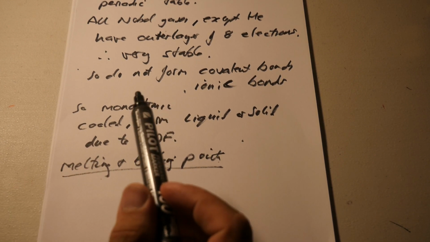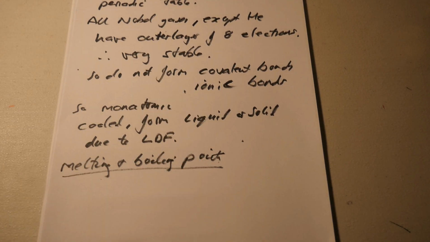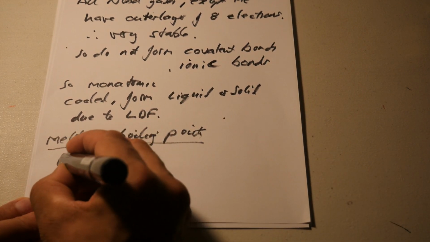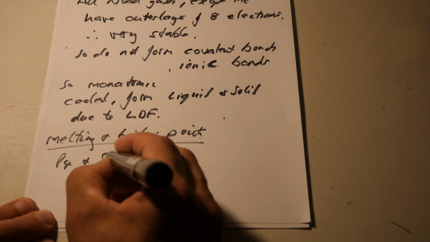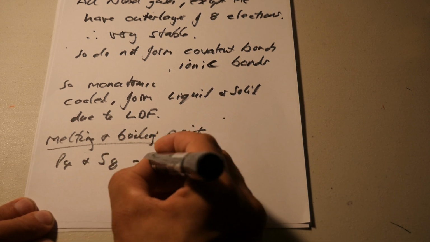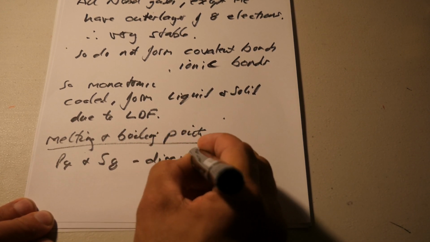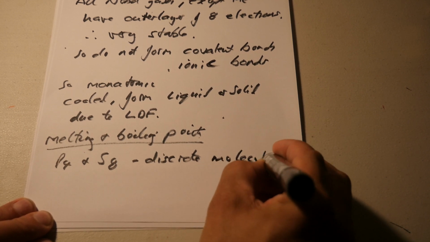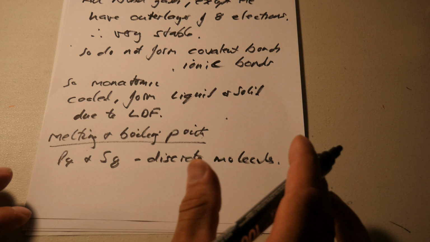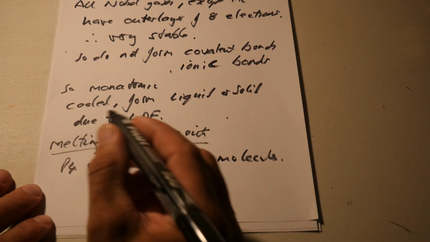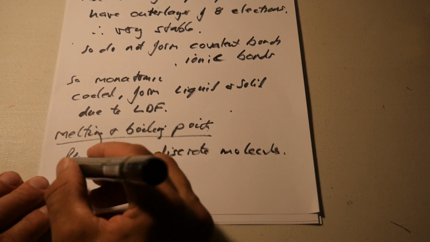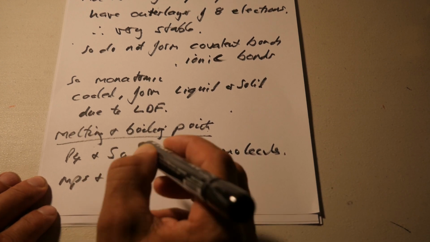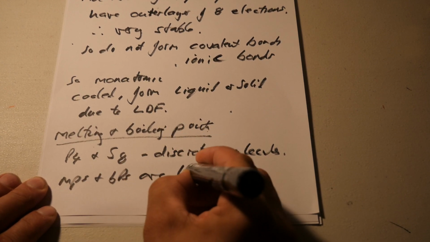Phosphorus 4 and sulfur 8 are discrete molecules, meaning they're a molecule of finite size. The melting points and boiling points are low.